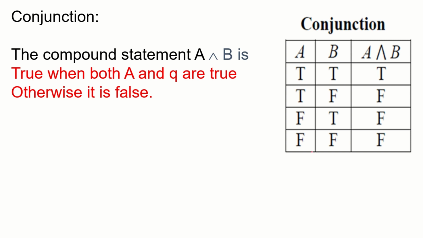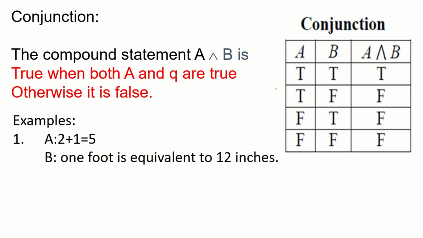Otherwise, it is false. So the two propositions must hold. True, true, then true. Otherwise, it is false, because when we talk about and, it is very strict. If the first statement is true but the second statement is false, then obviously it is not true. Both of them must be true.